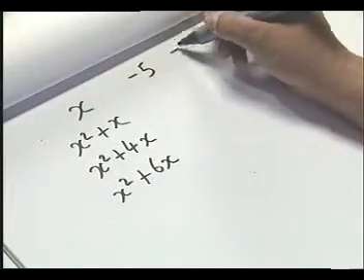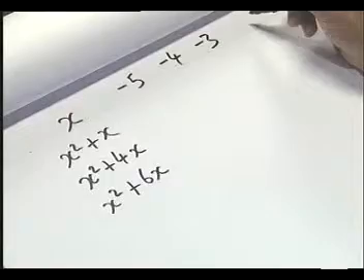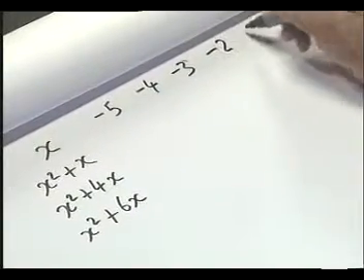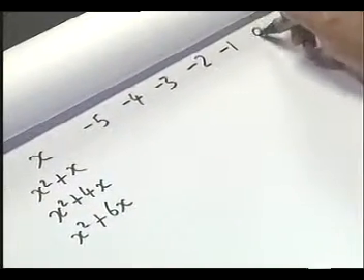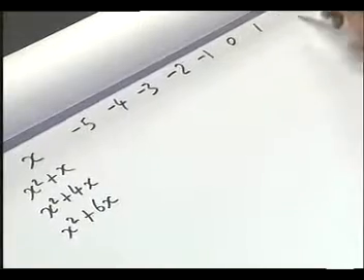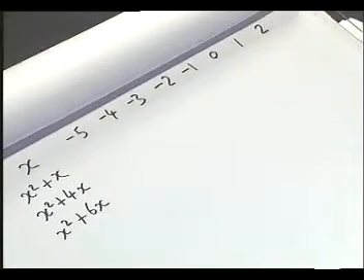And for my x values, I'm going to choose values of minus 5, minus 4, minus 3, minus 2, minus 1, 0. I'm going to go all the way up to a value of 2.